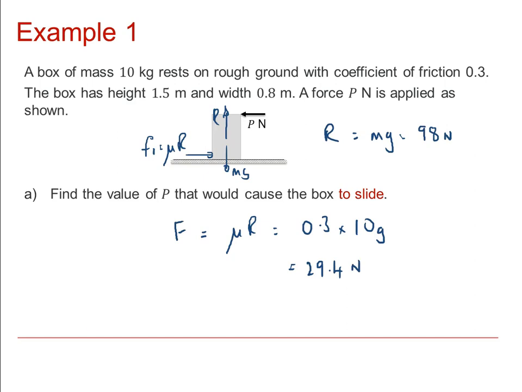So we can say that P equal to 29.4 newtons would cause the box to slide.